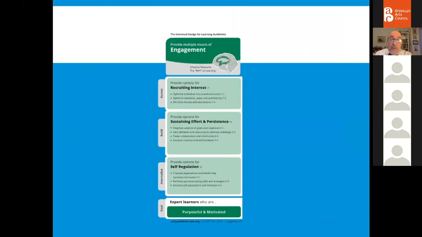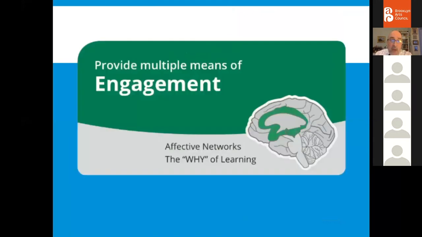All right, so first we're starting with principle number one, multiple means of engagement, which they call the why of learning. And they connect it to what's known as the affective networks in the brain. That illustration is kind of a cross-section of the brain, referring to a couple of different sections related to things like emotion and memory.